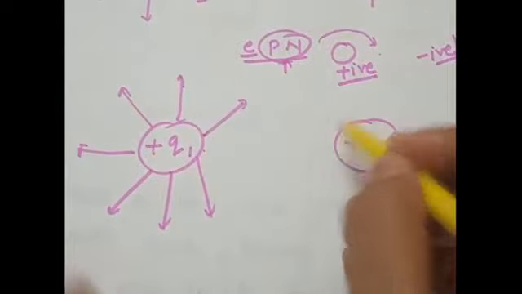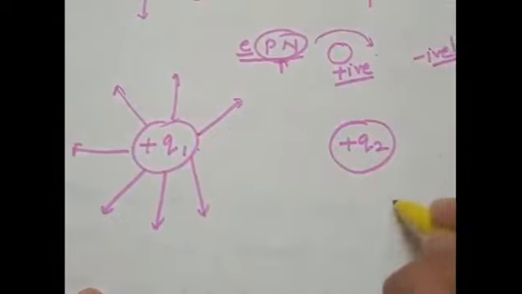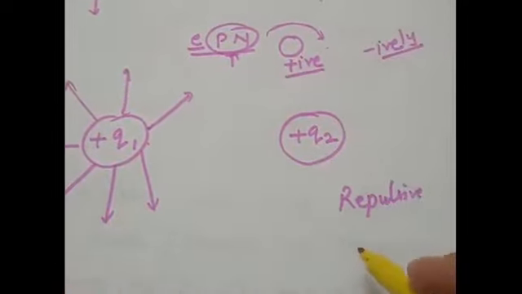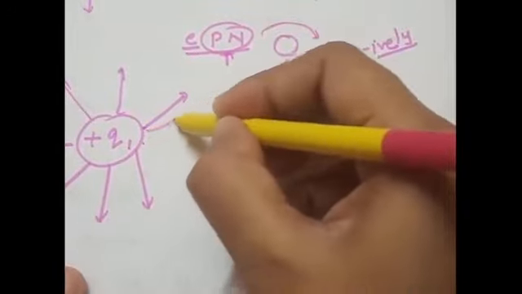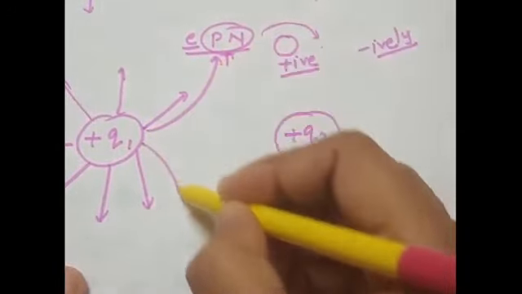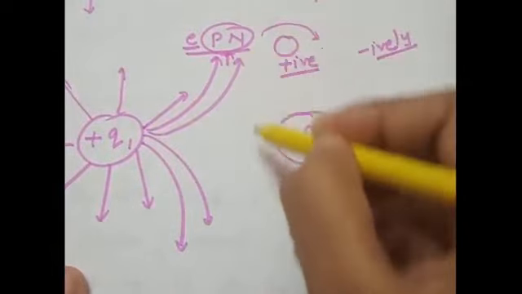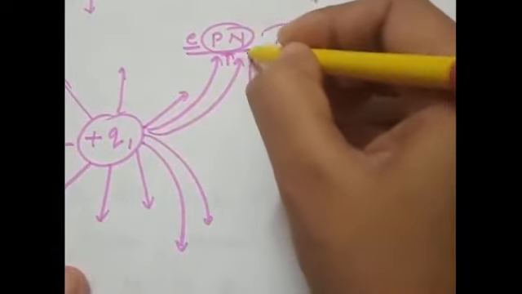But as the interaction between them will be repulsive, the electric field lines will go in this direction as they have to repel it. And the same will happen to this.